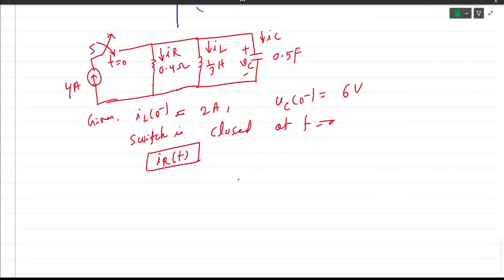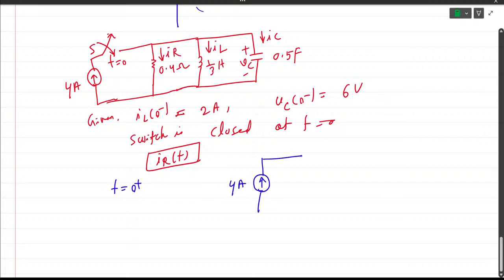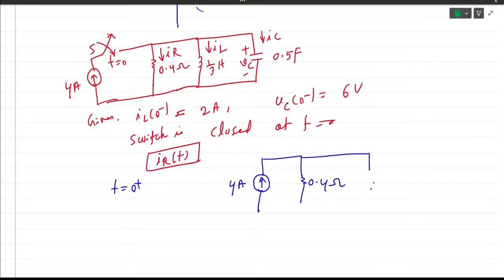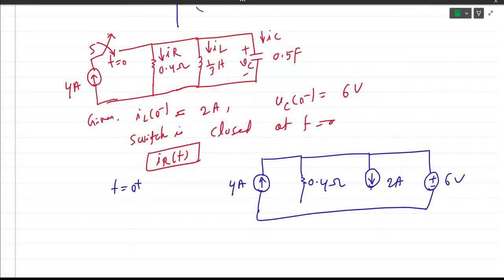Okay, so draw the t equal to 0 plus circuit, that is after closing. 4 ampere, 0.4 ohm, the inductor's initial current, so it will act as a current source of 2 ampere, and the capacitor will act as a voltage source of 6 volt. This is the initial circuit for t equal to 0 plus, right?